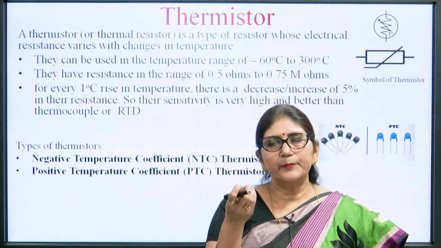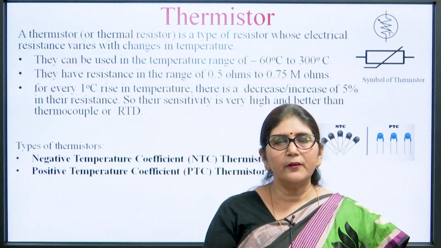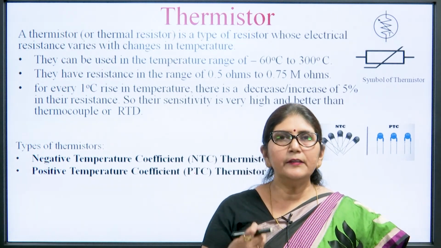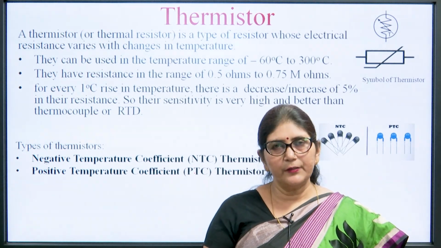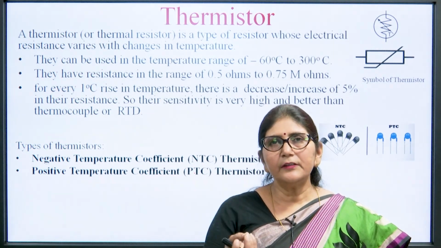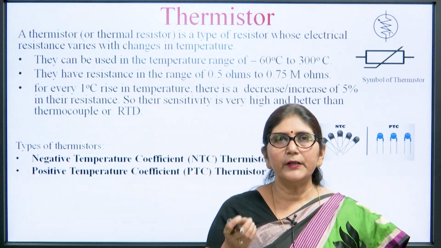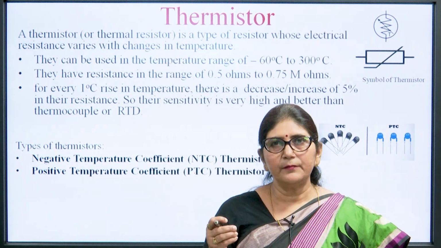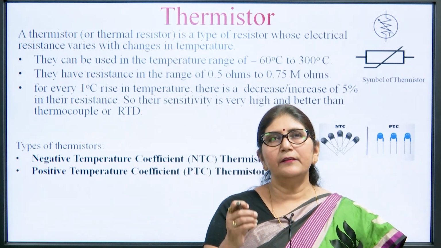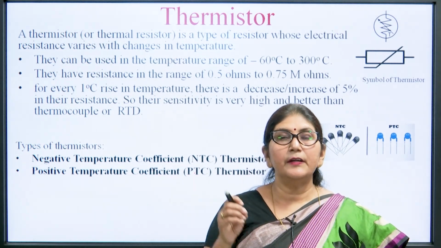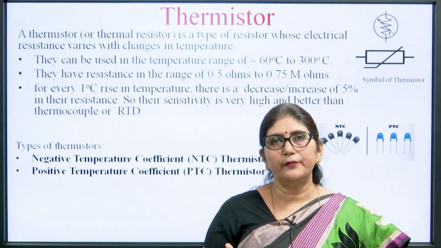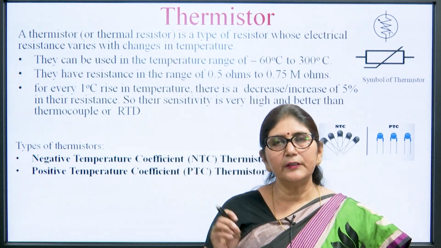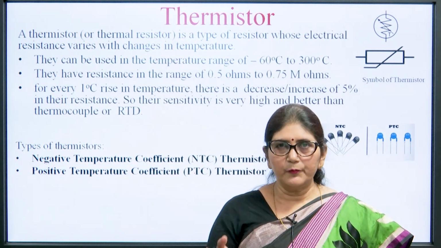Similarly, nowadays we are using digital thermometers for the measurement of body temperature, and thermistors are used there also. In a digital thermometer there is no copper wire, but a thermistor, which is very sensitive: a 1 degree rise in temperature gives an increase or decrease of 5% of the resistance. So, sensitivity is very high and we are using the thermistor in the digital thermometer.